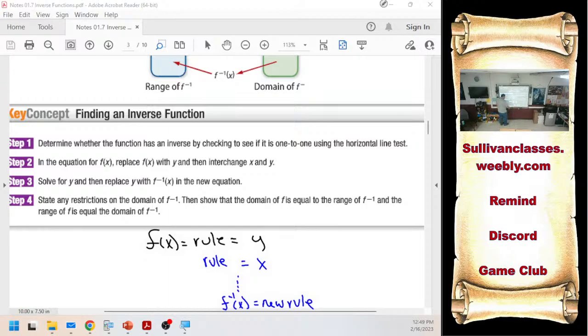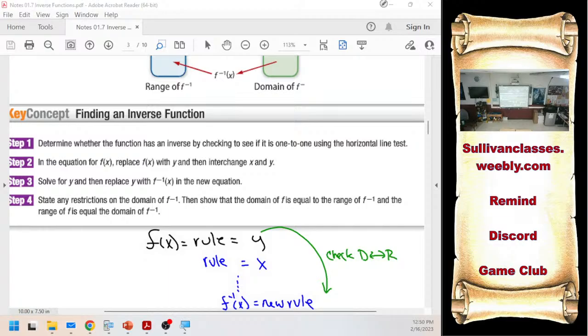Next to this, I'm realizing how much I didn't say first hour just because I was frustrated. When you do that, you have to check your domain and range, because when you swap your domain and range, you are swapping x's and y's.